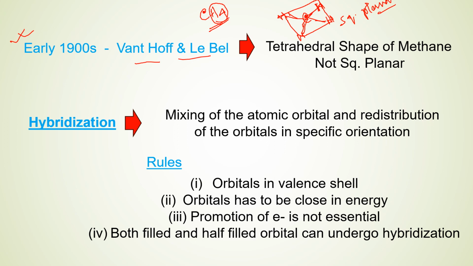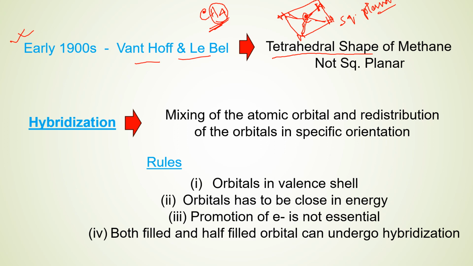But van 't Hoff and Le Bel proved, by calculating the shape of the methane molecule, that it is tetrahedral.